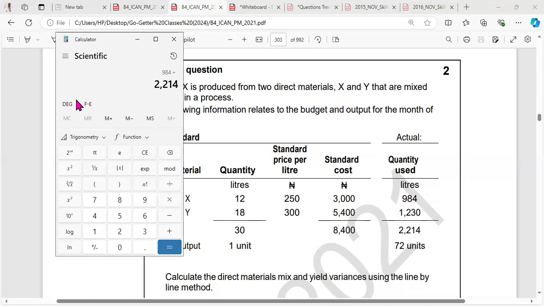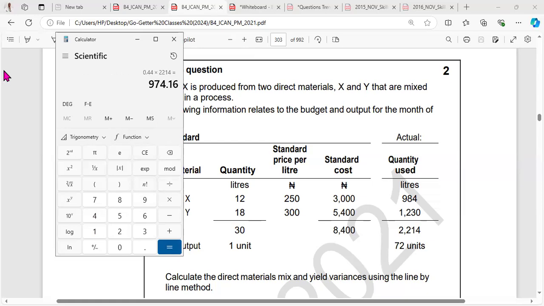We would have used that whole fraction and multiplied by 2214 to get 984. Instead, using 0.44 gives us something lower.